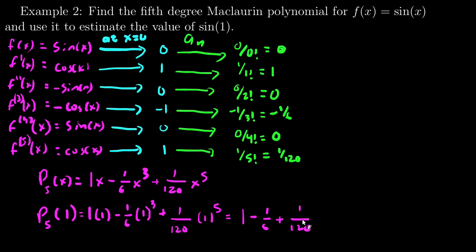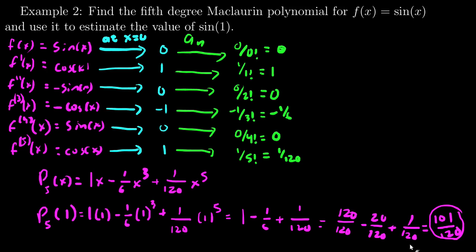The common denominator here is 120, which means I need to multiply this by 120 over 120 and this by 20 over 20. So I get 120 over 120 minus 20 over 120 plus 1 over 120. And this will give me 101 out of 120.